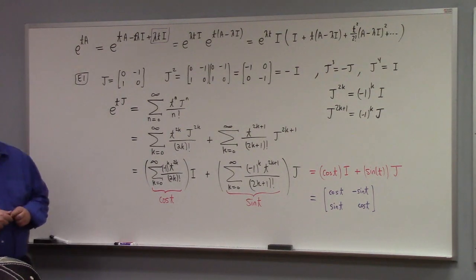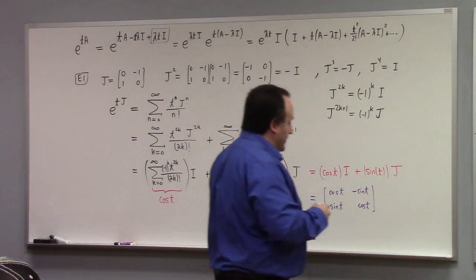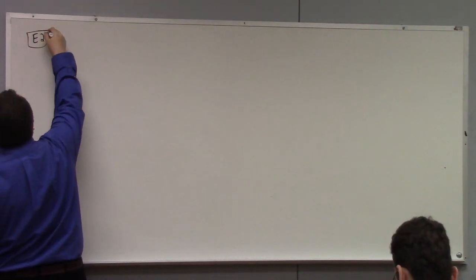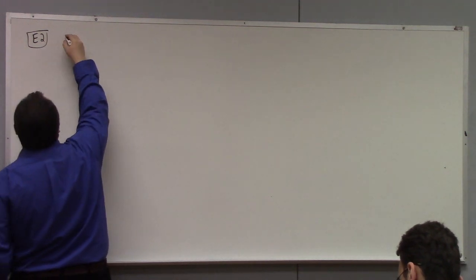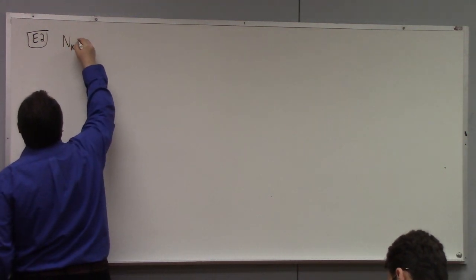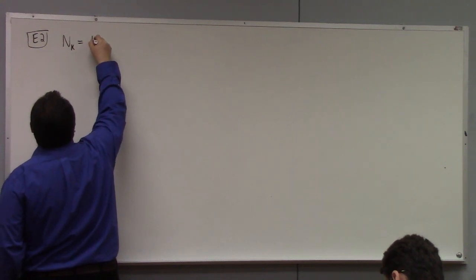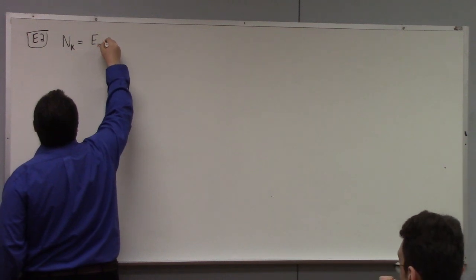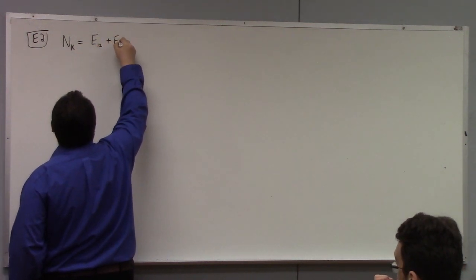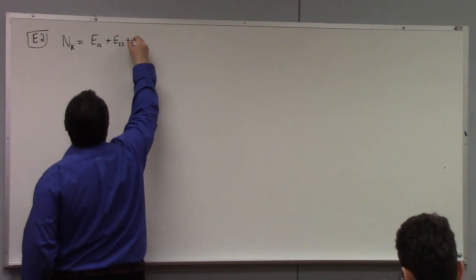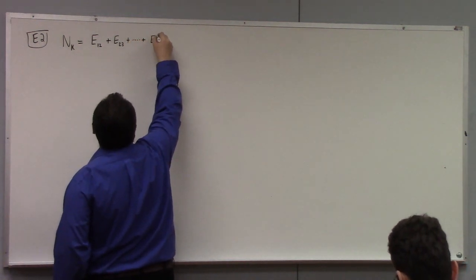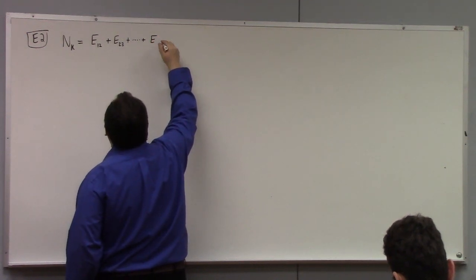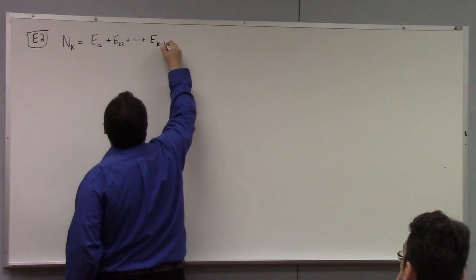Let me do one more kind of like this. Example 2. I was trying to put this matrix on test 1, but I kind of failed. I was trying to make up something that was N sub k, which was like e sub 1,2, plus e sub 2,3, plus and so on, plus e sub k minus 1,k.